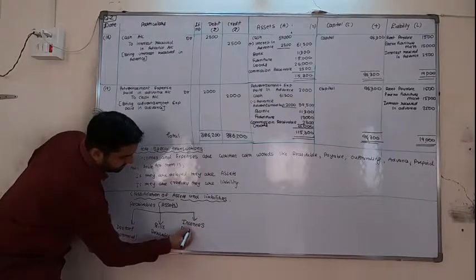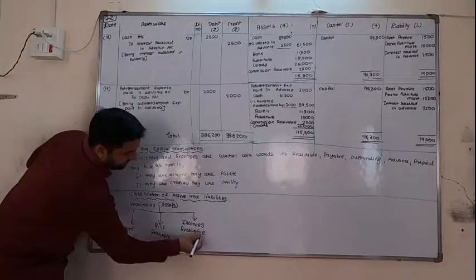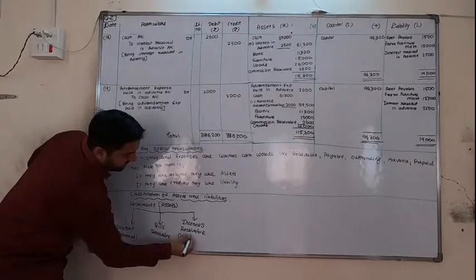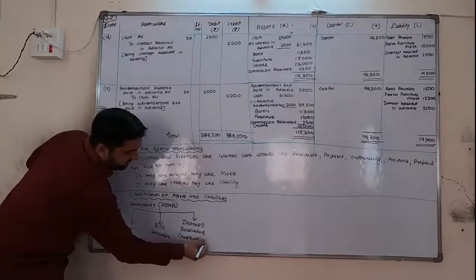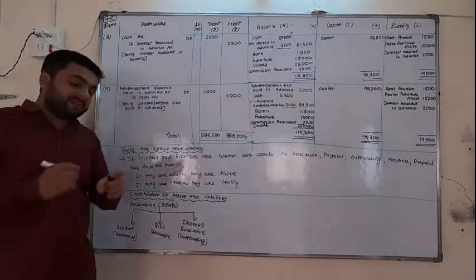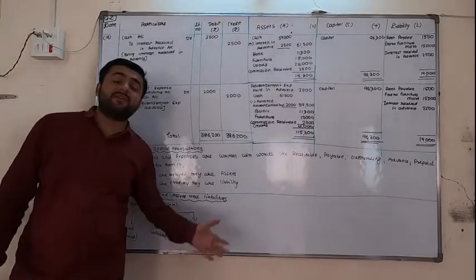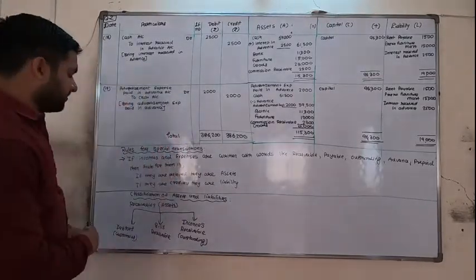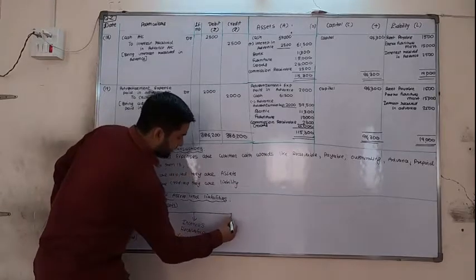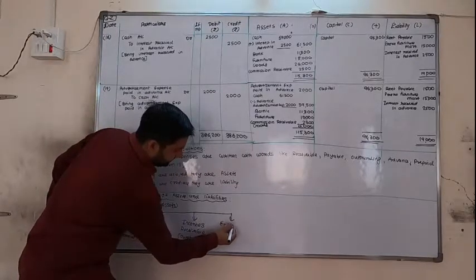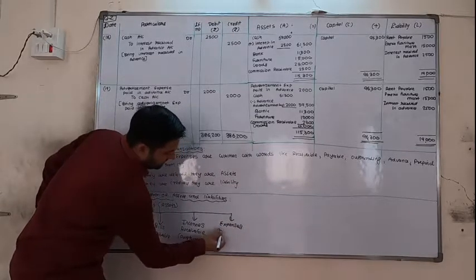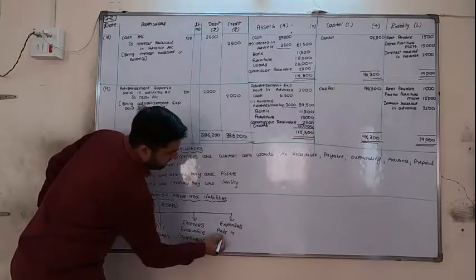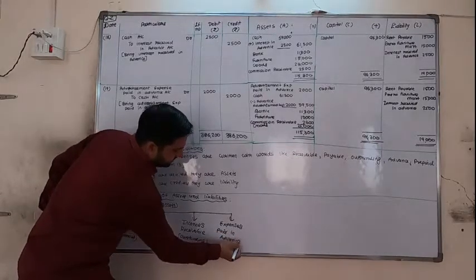Incomes receivable, or we can say outstanding, because in the question the word outstanding will be given. You have to understand whether it is receivable or payable. So according to the words you can understand. And expenses paid in advance.